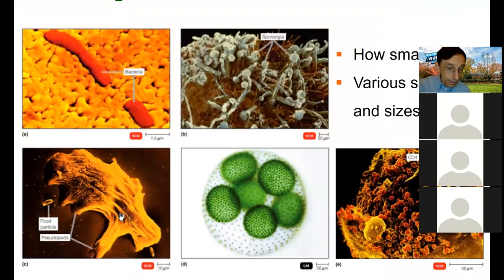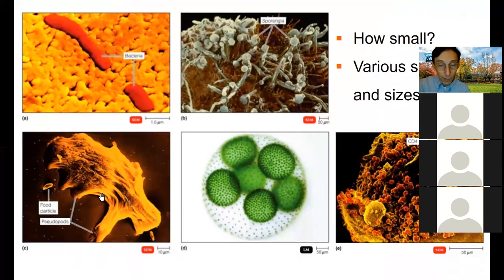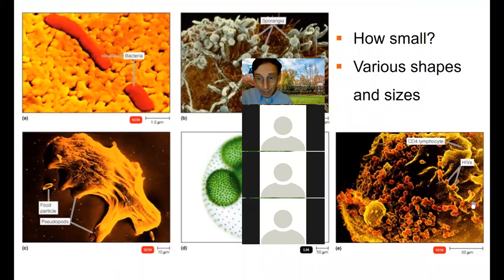That looks like a white blood cell, and this is about 10 micrometers. Also, well, not exactly a microbe, but a microorganism because we can't see it with our naked eye. And then there's some fungi there. Nope, I take that back.